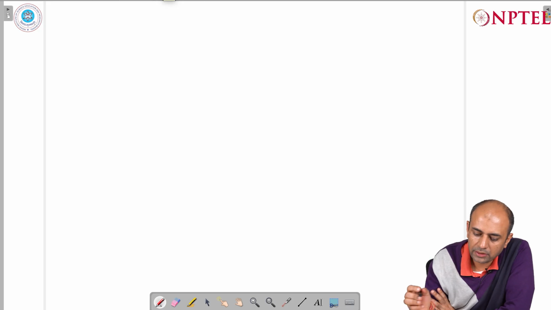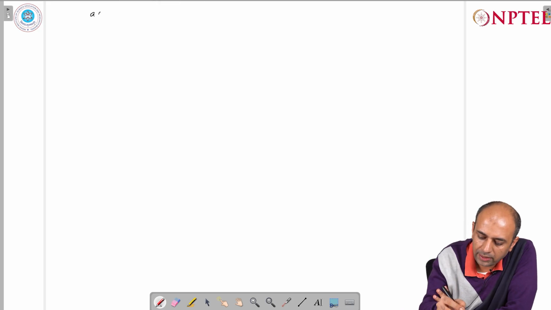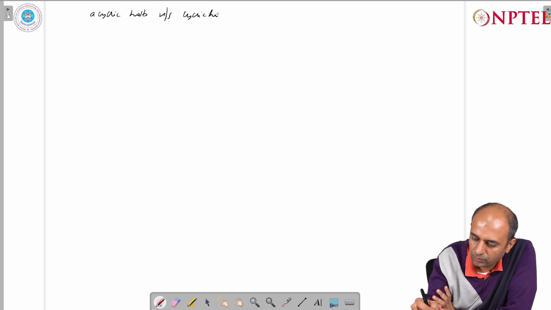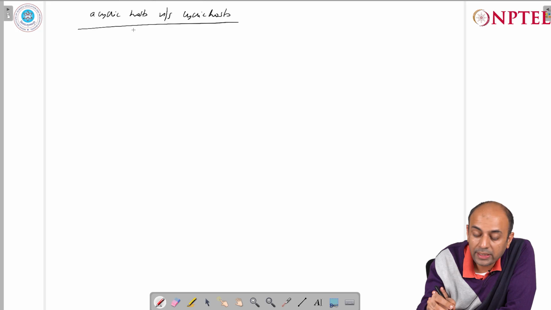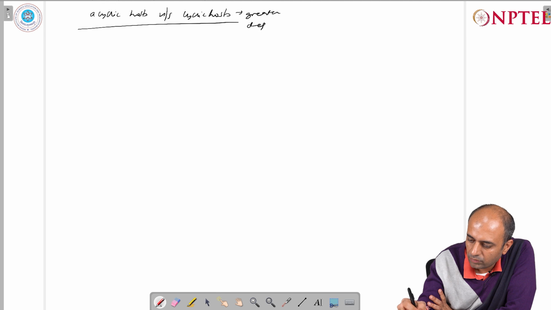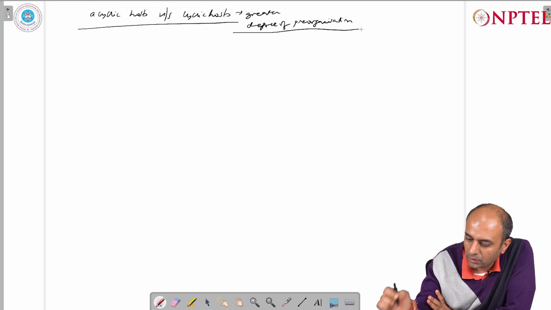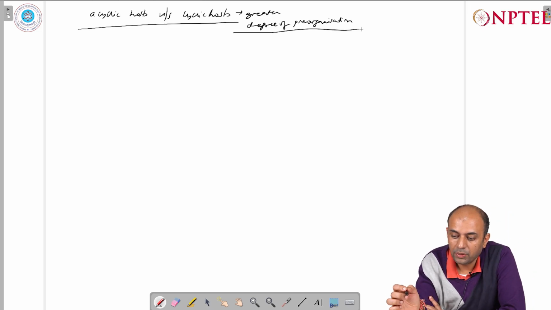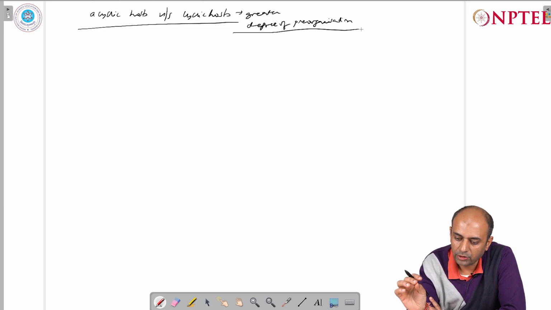What has been observed is that, compared to acyclic hosts, cyclic hosts, which have a greater degree of pre-organization, play a very important role in stabilization.